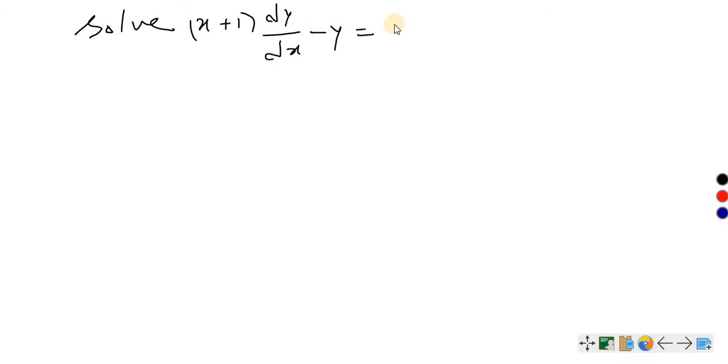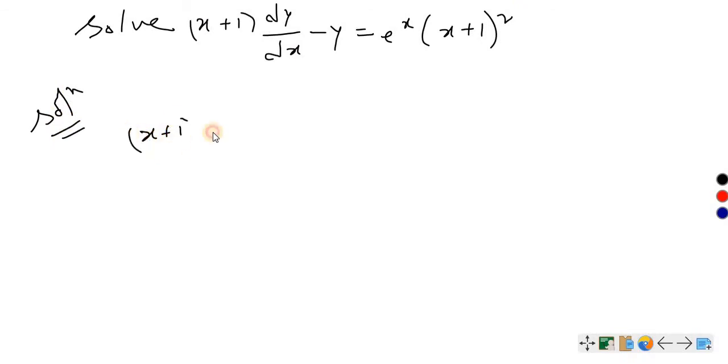Suppose we have a question: solve (x plus 1) dy by dx minus y is equal to e to the power x into (x plus 1) whole square. So this is the question. To get the solution of this, at first we have to check whether this is a linear differential equation or not.